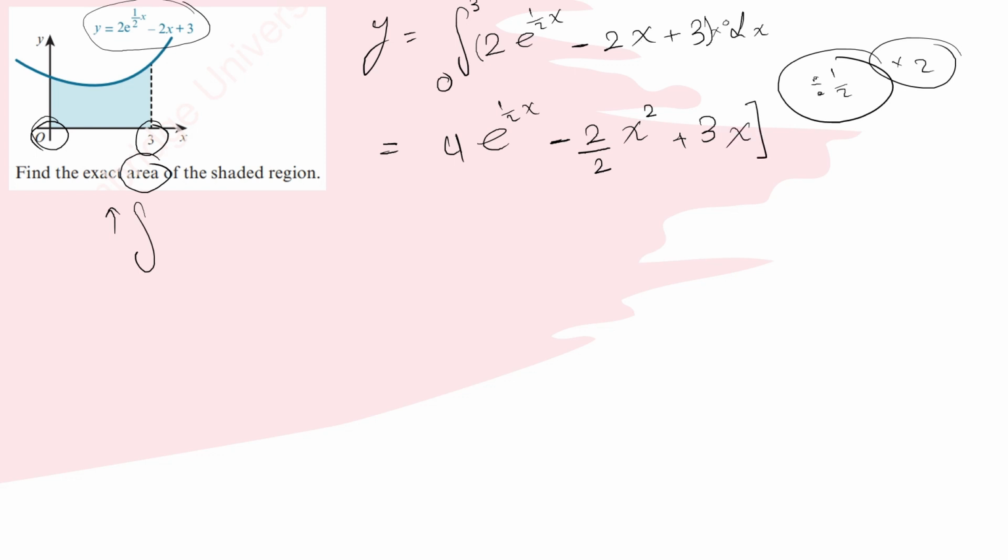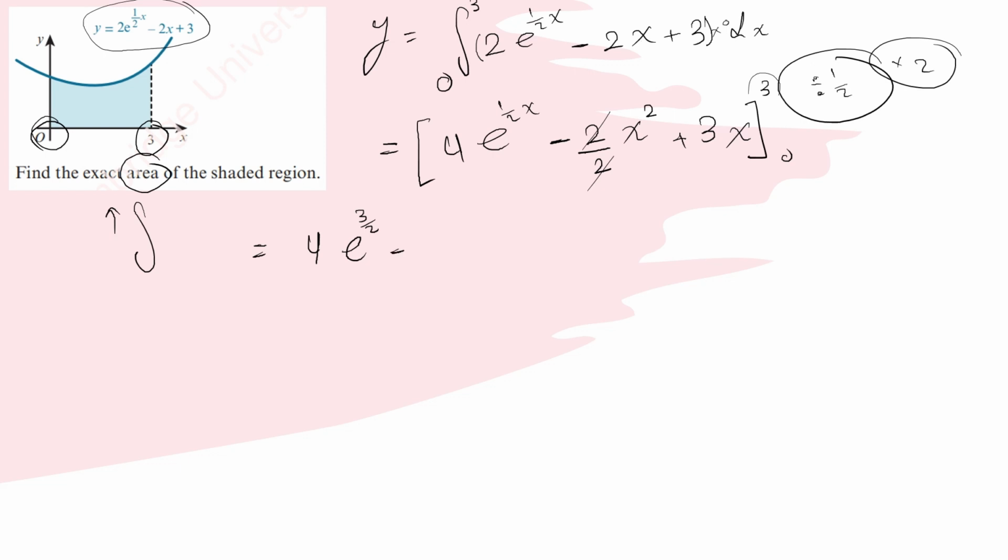Okay, from 0 to 3, write the simplest form of it. 2 over 2 will be 1. Then we only substitute x with 3, minus x with 0. So here equal, with 3, we get 4 e power 3 over 2.